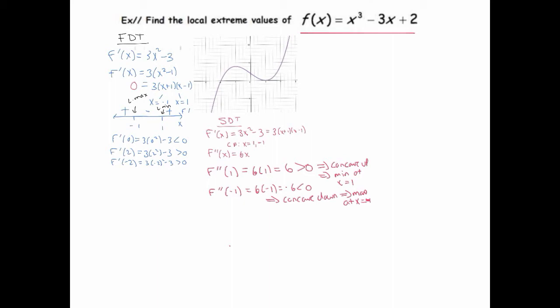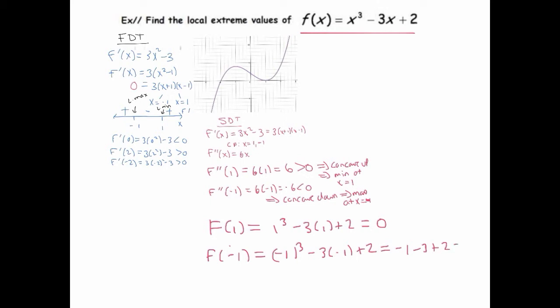All right. It asks for the local extreme value, so we would just plug in. We'd plug 1 into our function and get 1 cubed minus 3 times 1 plus 2, which gives me 0, and f of -1 would be -1 cubed minus 3 times -1 plus 2, which gives me -1 plus 3 plus 2, which is 4.